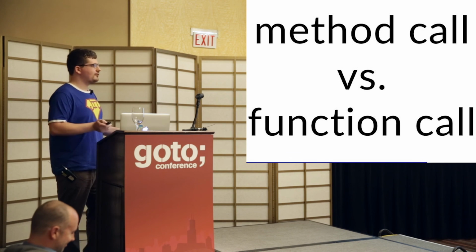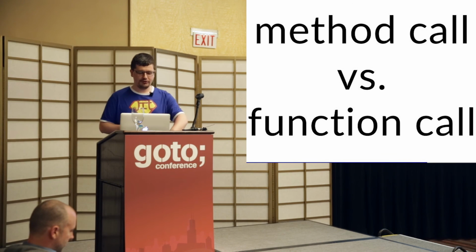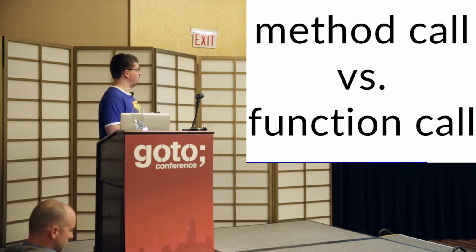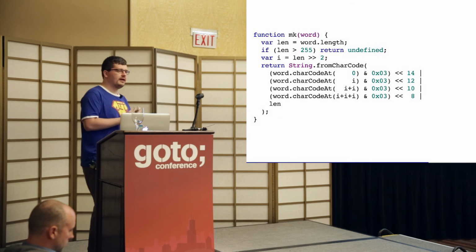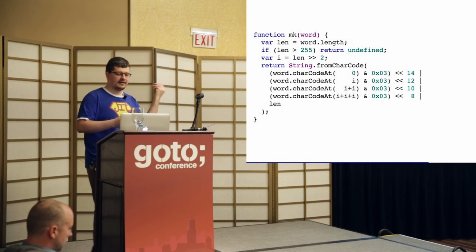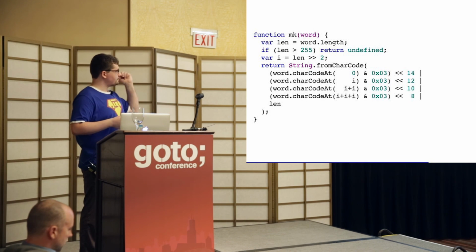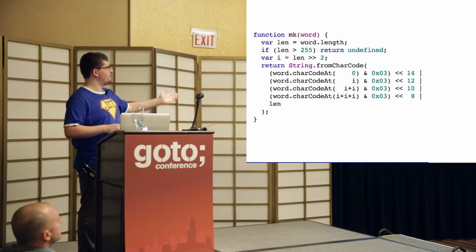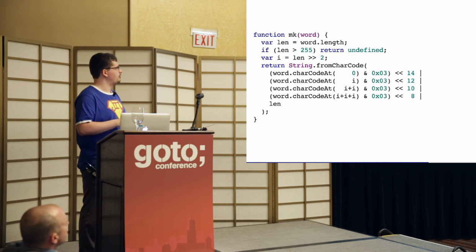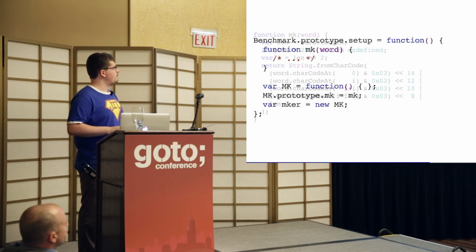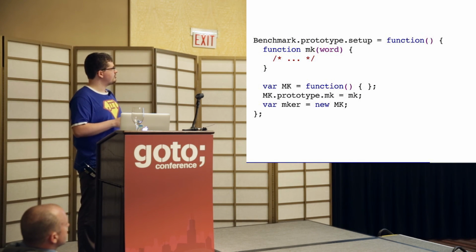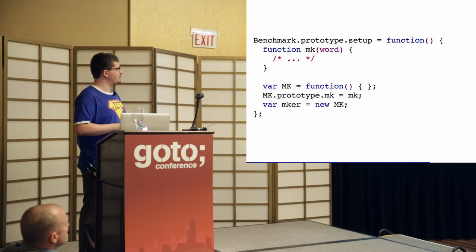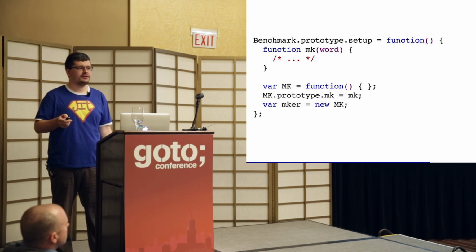So method call and function call, that is a very popular topic of discussion in our world. So somebody wanted to benchmark what is faster. This is taken from JSPerf again. A function invocation, so there is this function that does some hash computation on a string, or the method invocation. So he took, or she took, the same function and put it on the prototype of some empty object.